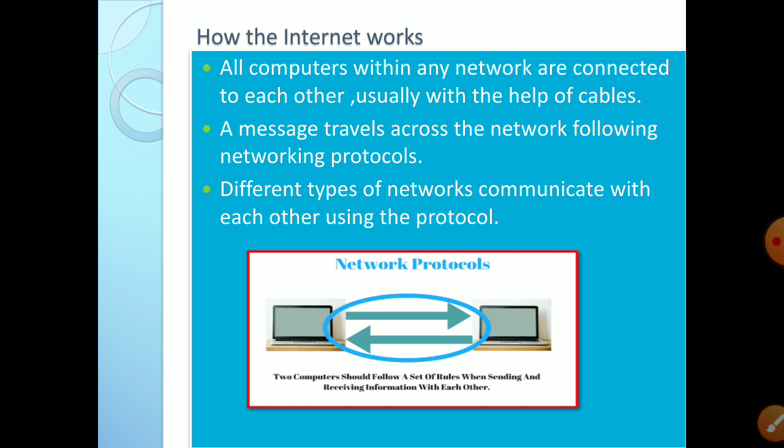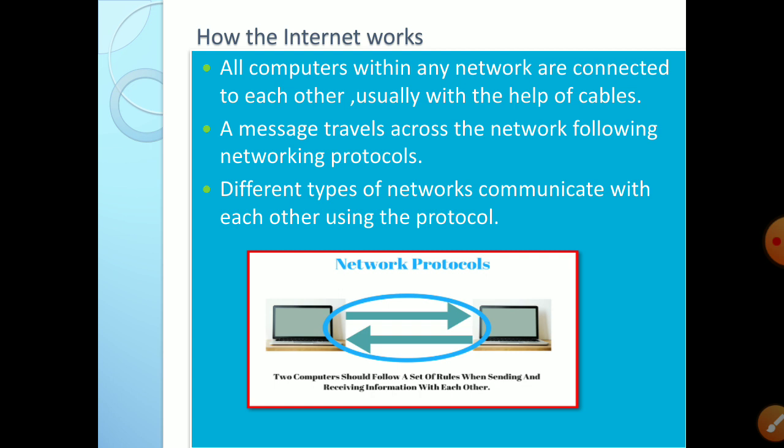So all computers within a network or any network are connected to each other, usually with the help of cables. But here a message travels across the network following network protocols.